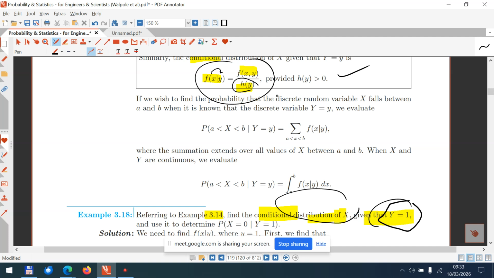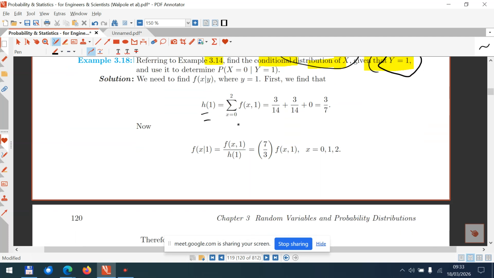The denominator is marginal, and the marginal has to sum over all possible values of x. Why all possible values of x, and why not possible values of y? Because we have fixed the value of y here, and only x has to be searched over all possible values to get rid of it. These are the computations from that formula which I gave you here.